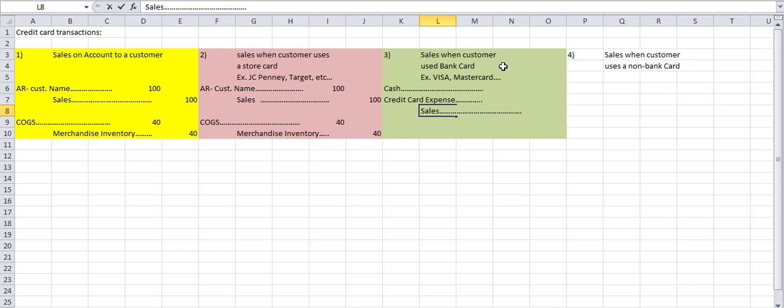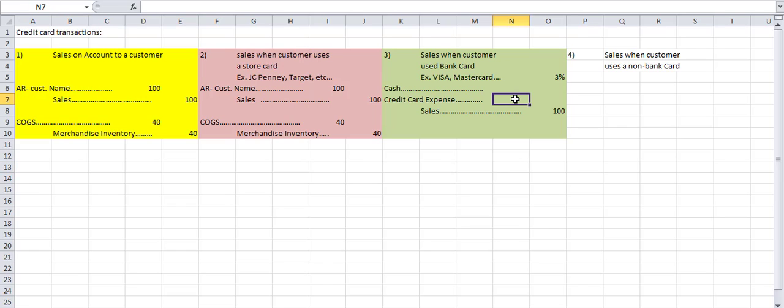So let's pretend that the rate that we're being charged by the credit card company is 3%. I'm completely making that up. That's negotiable. That would be decided between the company and Visa or the company and MasterCard. So what we can't deny from this is that we have a $100 sale.